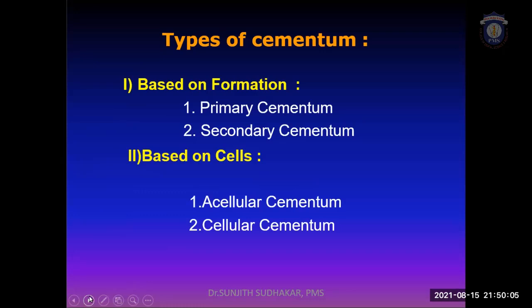On the basis of cells, by the presence or absence of cells, Cementum is classified broadly as acellular Cementum or cellular Cementum. From the name itself, we can identify that acellular means there are no cells. Any Cementum which is devoid of cells is called acellular Cementum, whereas Cementum containing cells is known as cellular Cementum.